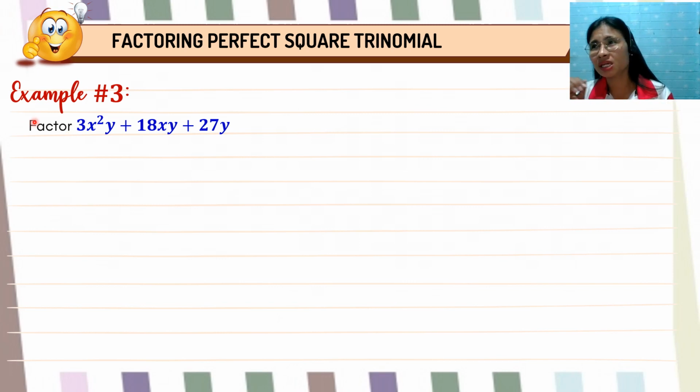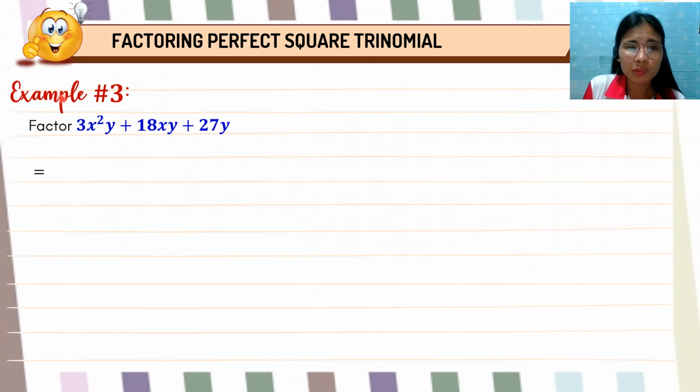If you have noticed, if you watch one of my videos on factoring complete or common monomial factor, or even other ways of factoring polynomial expressions, the concept of factoring common monomial factor will always be present. So 3, 18, and 27 are all divisible by 3. x squared y, xy, and y are also divisible by y.